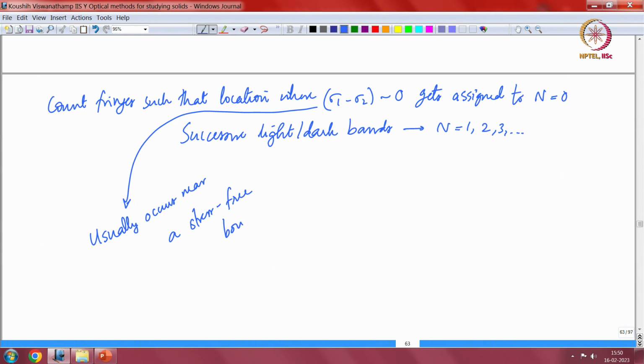So, if you are using this to study cracks and so on, you would usually get the 0th order fringe very close to either the crack tip or the lateral faces and so on. Okay. So, that is basically what you have to do.